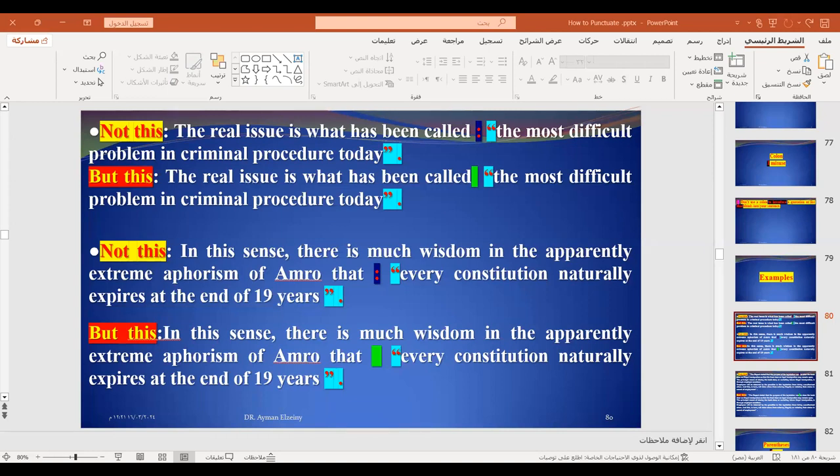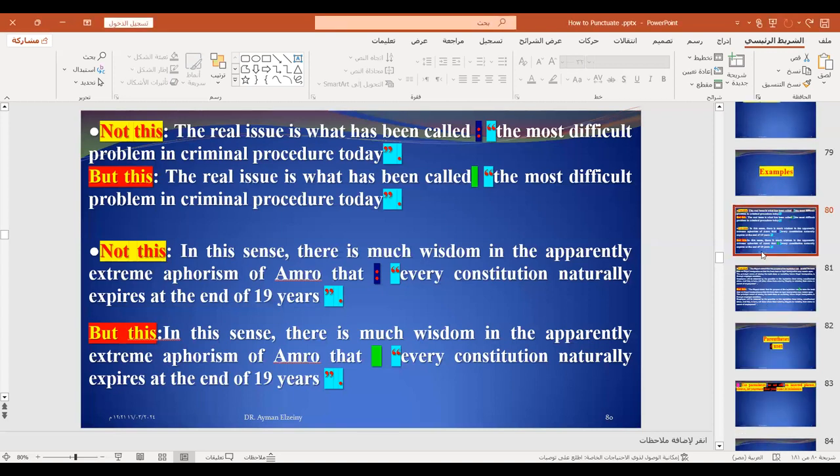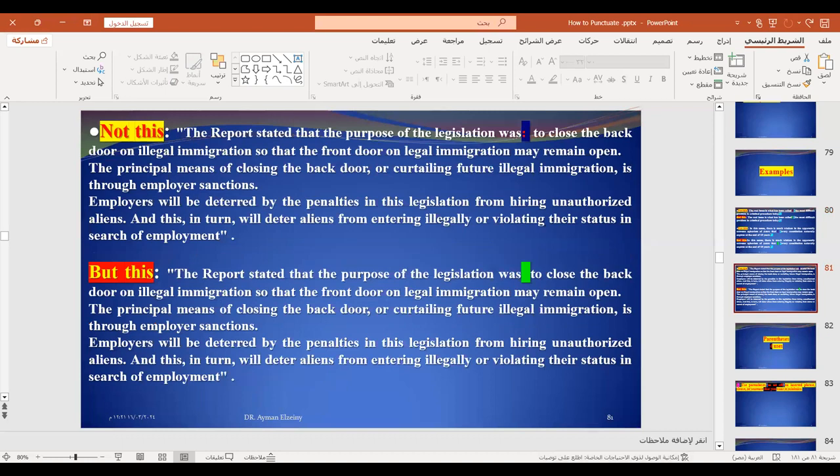Another example, when we want to write the following sentence: the report stated that the purpose of legislation was to close the back door on illegal immigration so that the front door on illegal immigration may remain open. The principal means of closing the back door or curtailing future illegal immigration is through employer sanction.